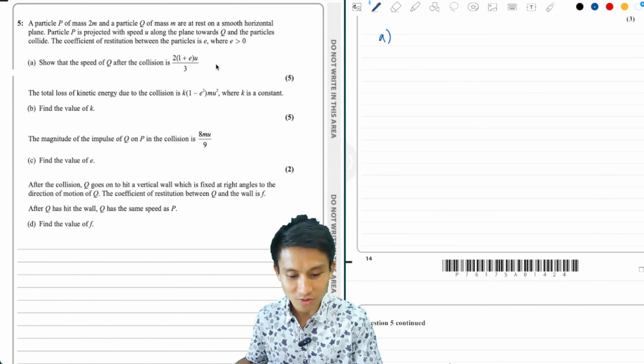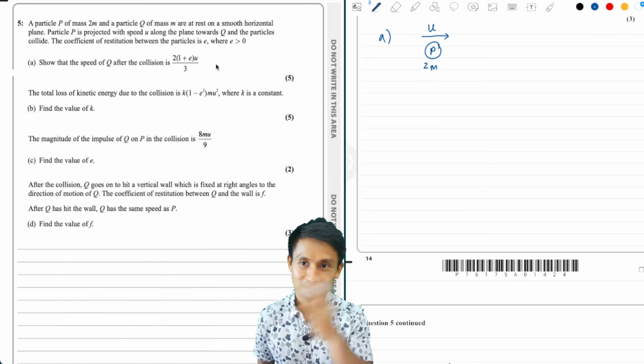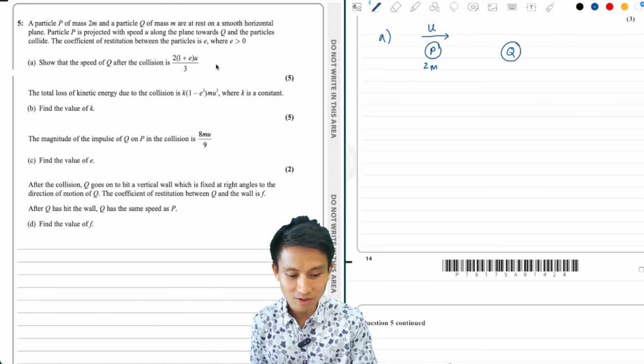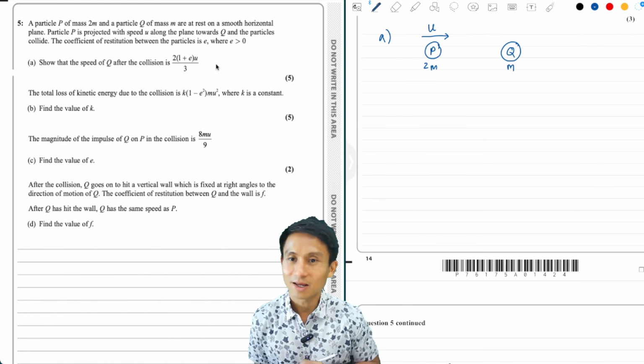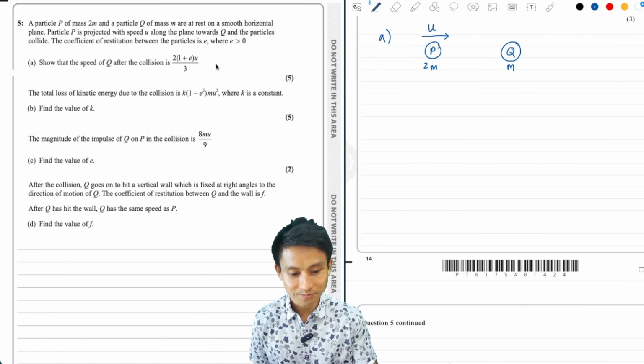Okay, so let's draw some diagram first. We have particle P of mass 2m, initial speed, let's say we're going to convene that rightward is the positive direction, u. Okay, because particle P is going to move to collide with Q here, Q mass m, and initially it is at rest, right?